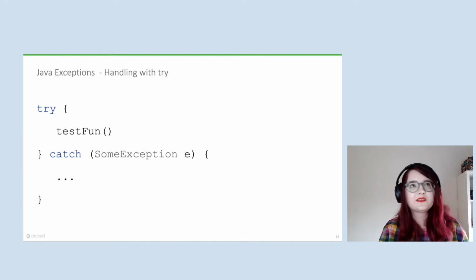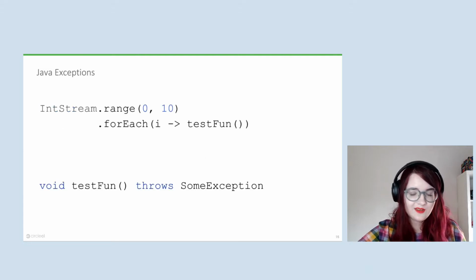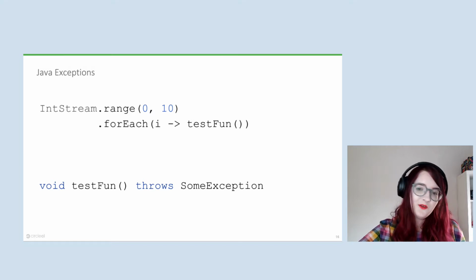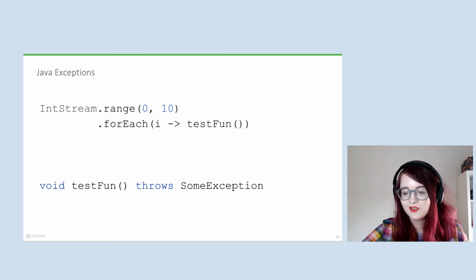Let's take a look at a more modern Java than you may find in a bank, so Java 8. Let's use a stream API from Java. Can we write something like this using our test function that throws a checked exception?